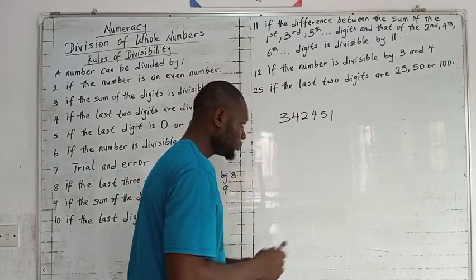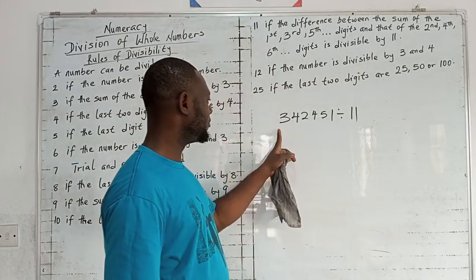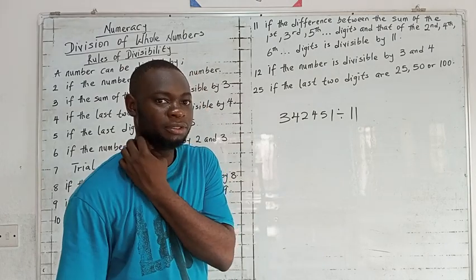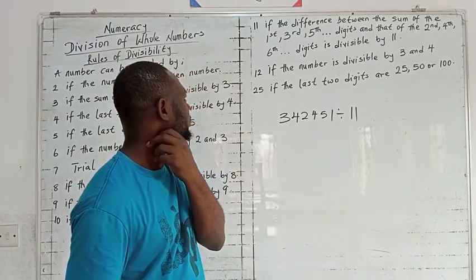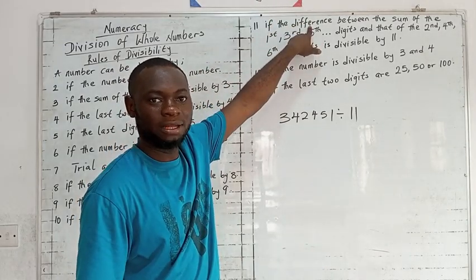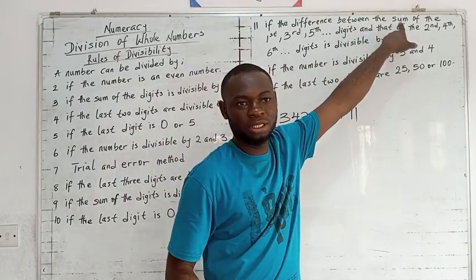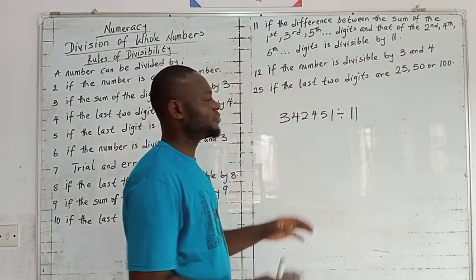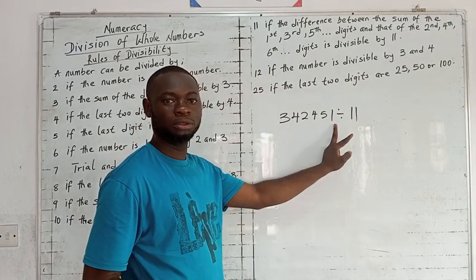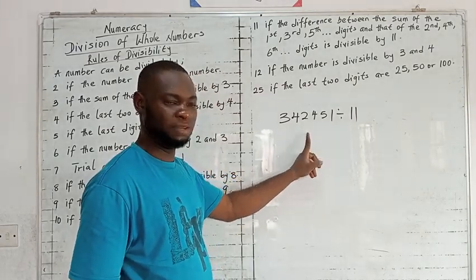342,451 divided by 11. We want to check if this number is divisible by 11. Okay? The rule says that the difference, what does difference mean? Minus. The difference between the sum, what does sum mean? Plus. That means we will first of all identify the position of the digits of this number we are about to divide.